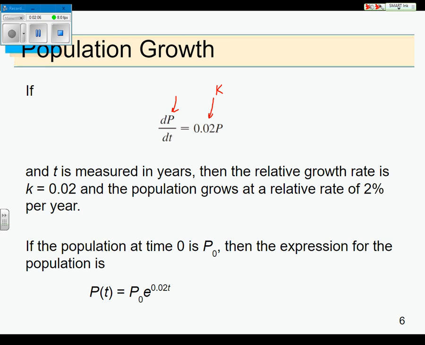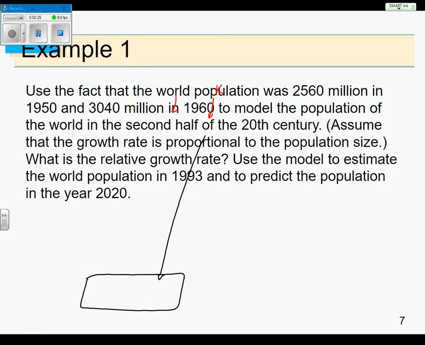So if the population at time 0 is P sub 0, then the expression for the population is going to be given as such. And what I want you to see from this is just that 0.02 just went right in where that k, or if you're using an r, right where that rate of growth goes.